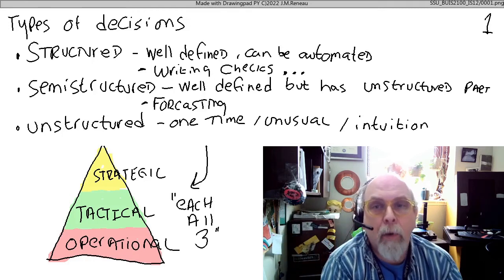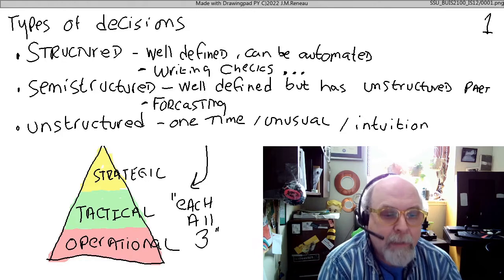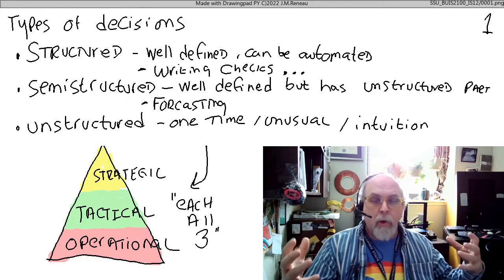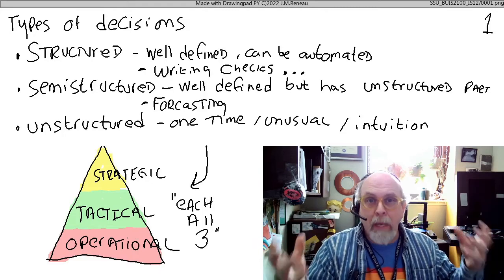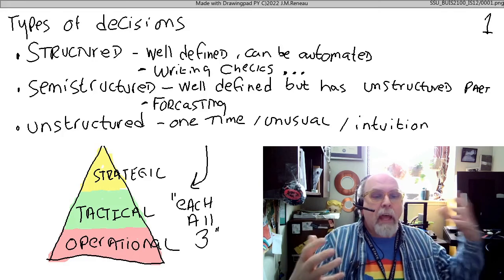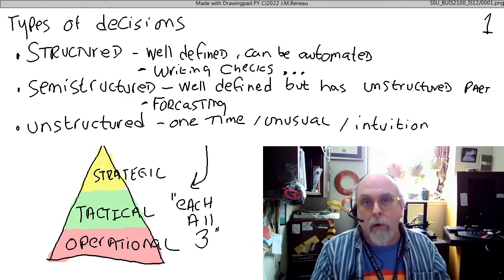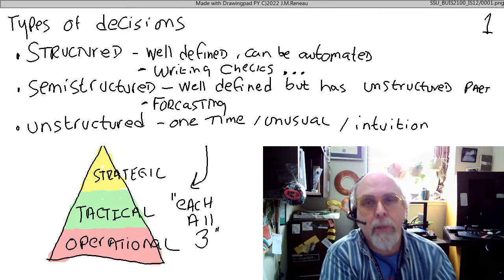Let's talk about what a strategic decision is. It's a big, long-term decision, like how are we going to win a war. What is our general strategy for how to win the war? What are the big overriding things we're going to do to make this work?